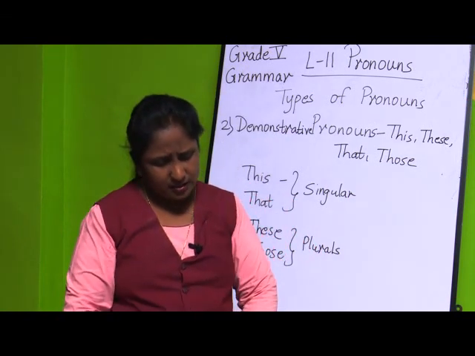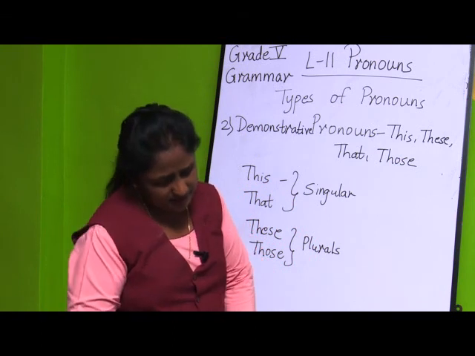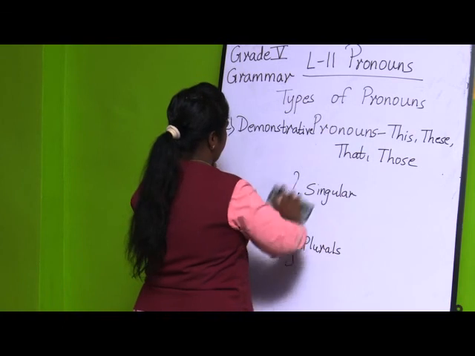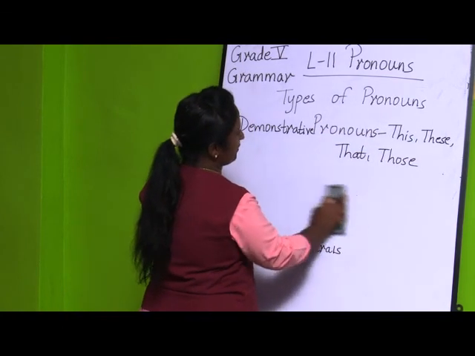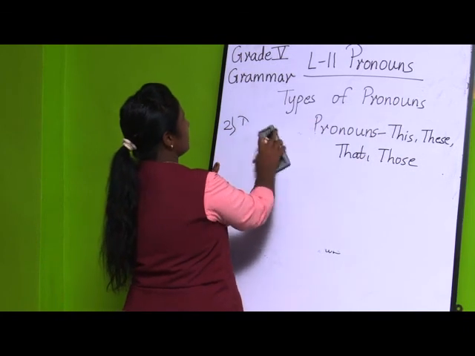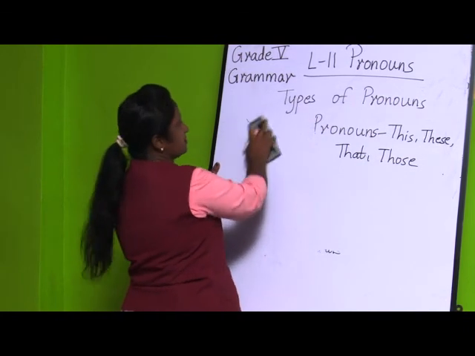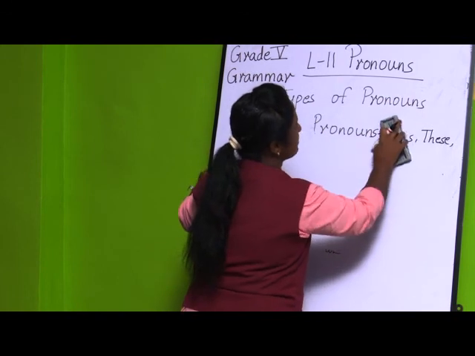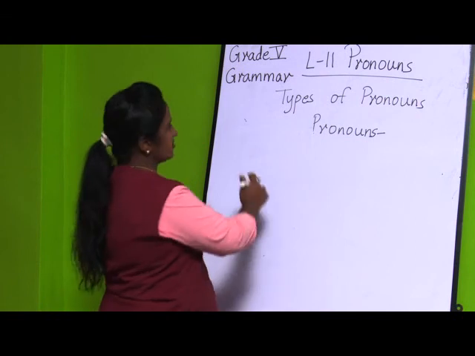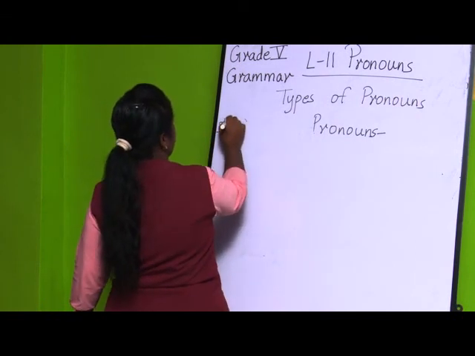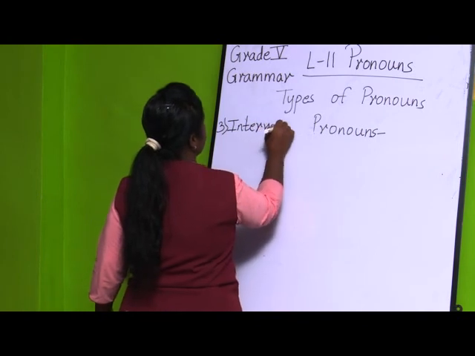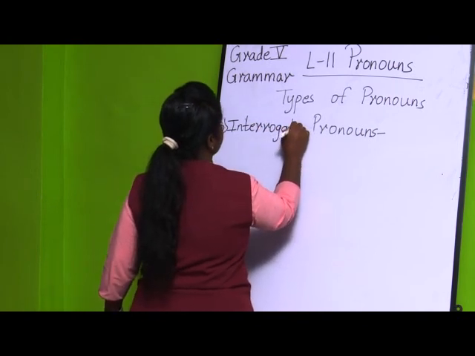Then next, the third type is the interrogative pronoun. Now, what is an interrogative pronoun? It is very easy. When we ask a question, the words which ask the question are called interrogative pronouns.